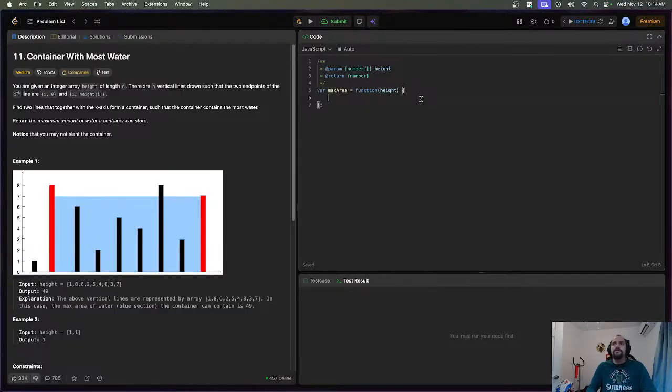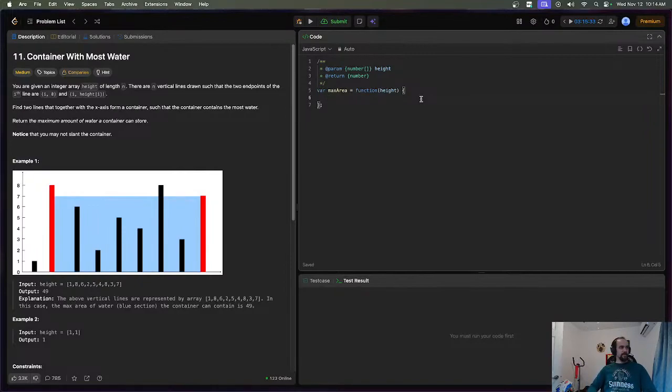I'm wondering if there's a naive solution. The naive solution I think would be n squared. Just check every single thing and find the max.